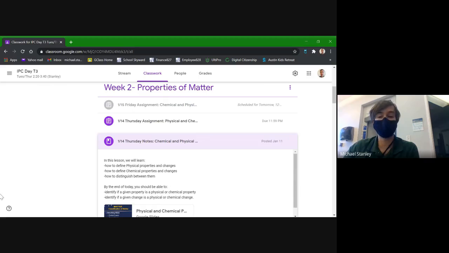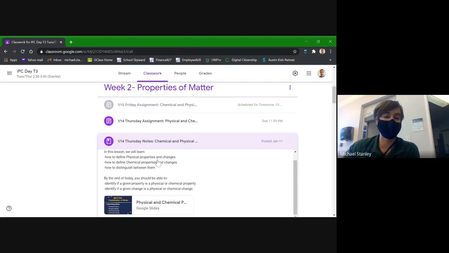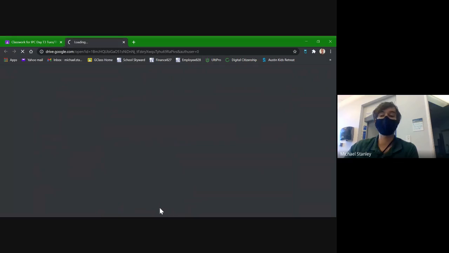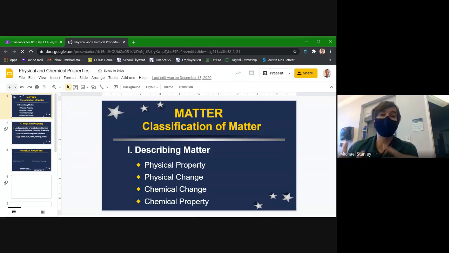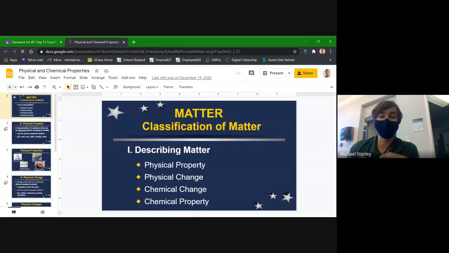All right, so today we are going to be getting into chemical and physical properties, different ways that we can classify or describe matter. So remember, from Tuesday, matter is just the fun sciencey word for all of the stuff in the universe. In science, we decided that stuff doesn't really sound like a very formal term, so we call it matter.